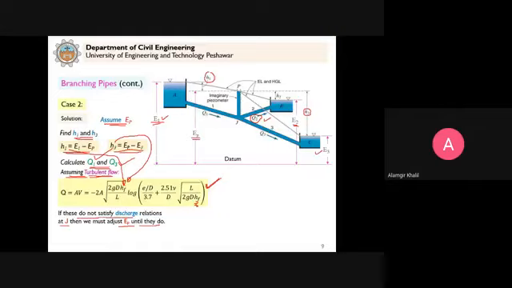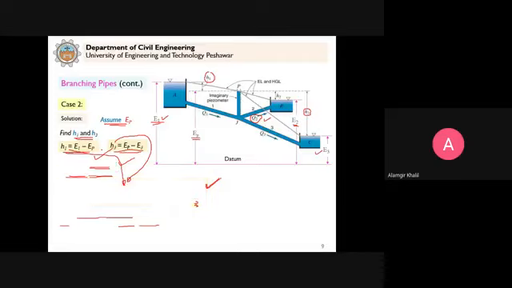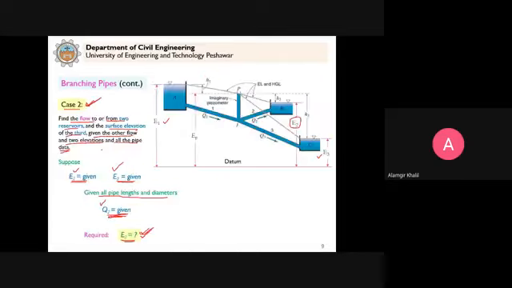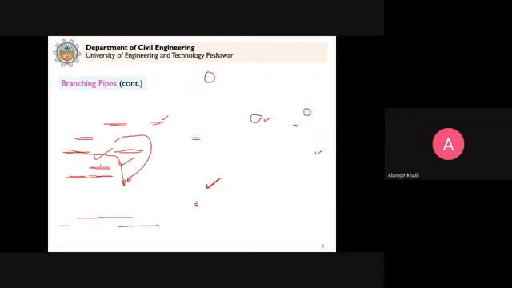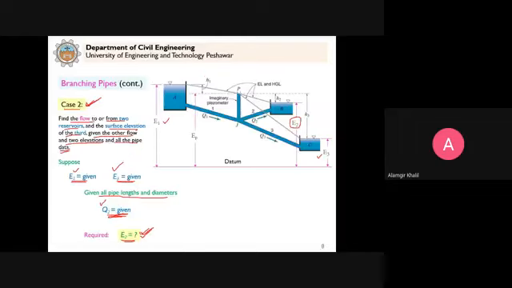What does it mean? What is given in this case? In this case, Q2 is given.